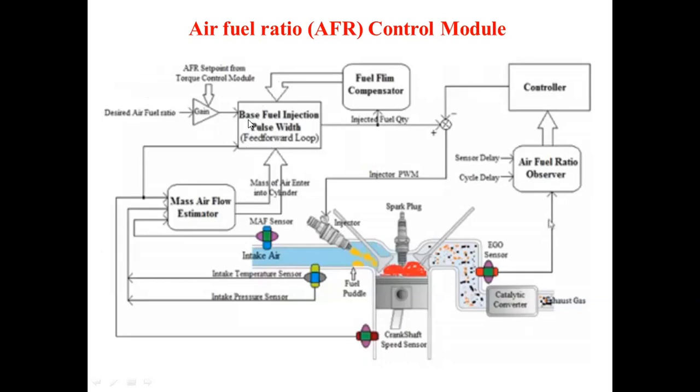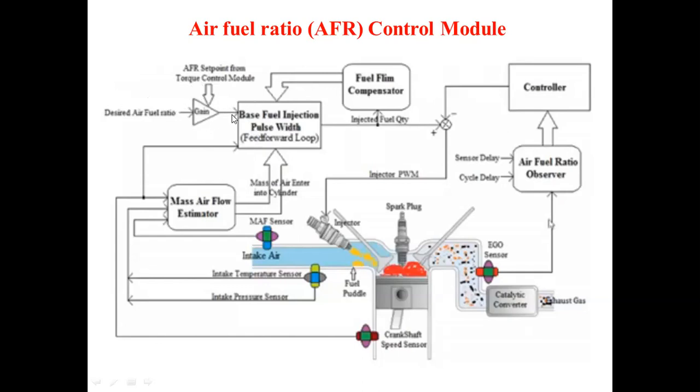So there is a base fuel injection pulse module. Now this feed forward loop you are giving here. Now there will be the fuel film compensator. The desired air fuel ratio you are setting here, set from the torque control module.